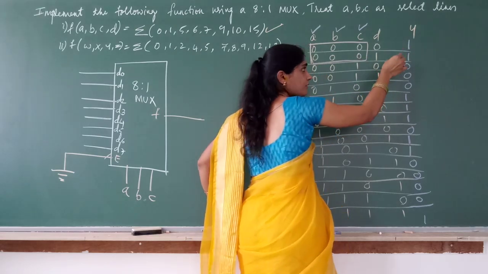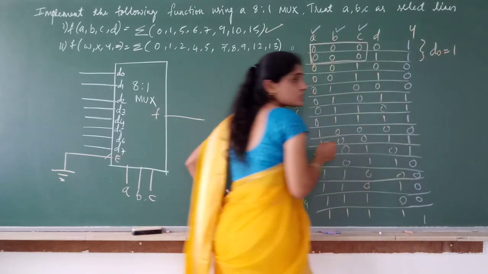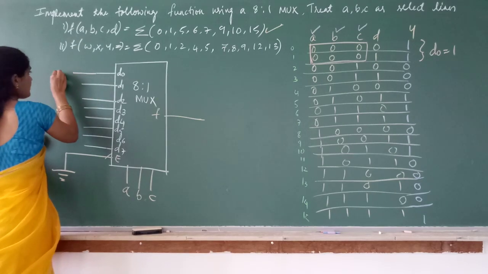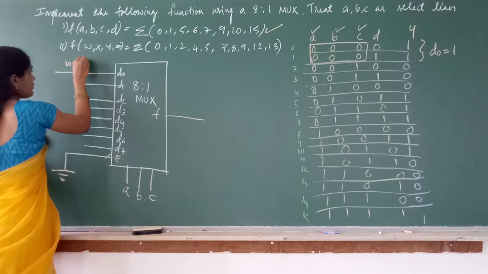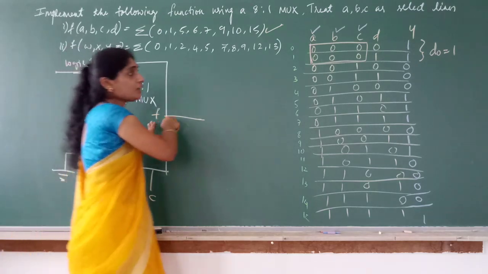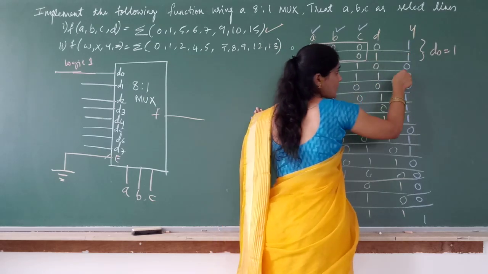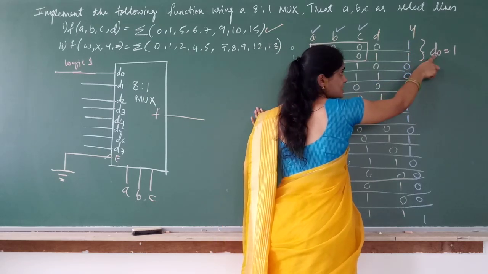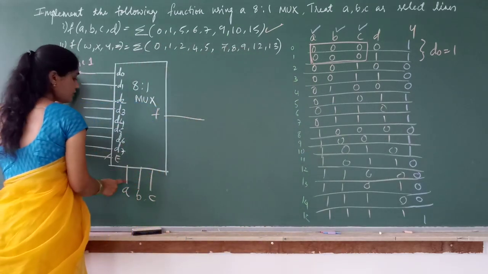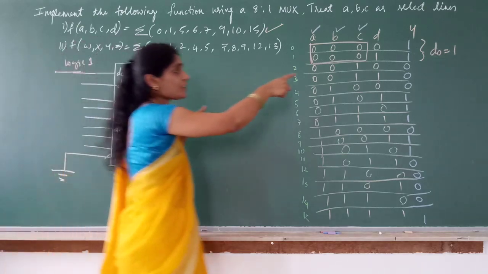Both are 1. So at D0 I have to connect logic 1. Am I correct? When ABC is 000, D0 will be connected to the output, and for both of these combinations I have the output as 1. So when I connect D0 equal to 1, when ABC is 000, I get the output as 1. That is what I want.